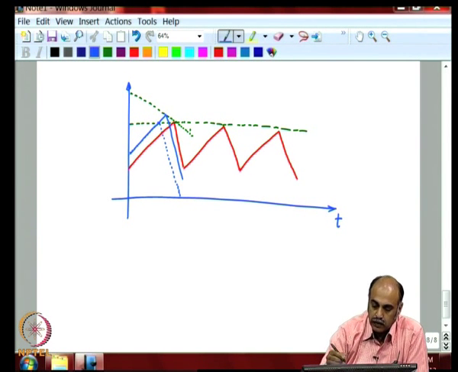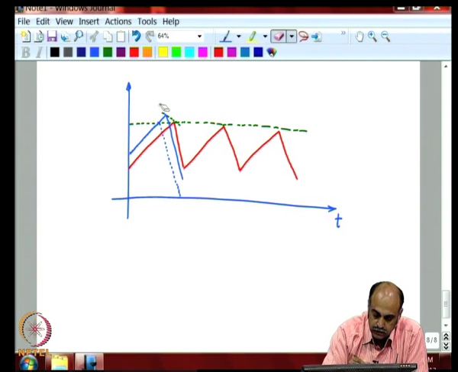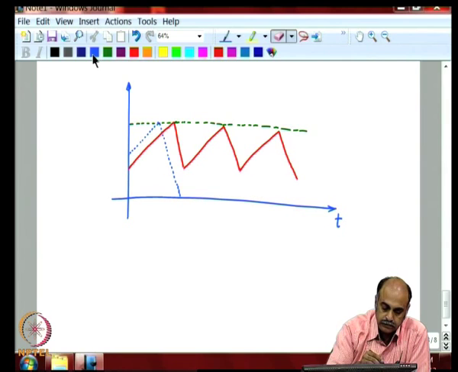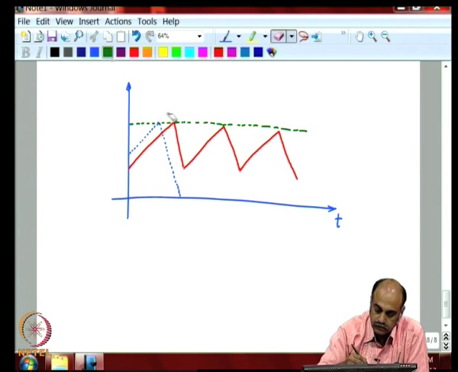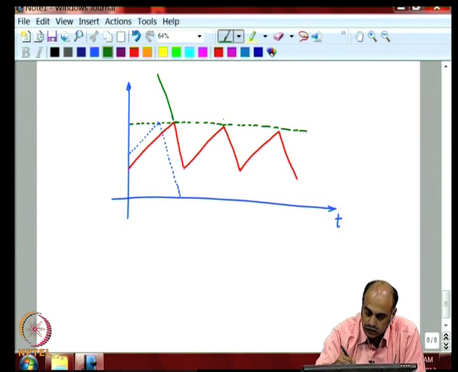So, going along in that fashion, if I modify the reference such that it is having a slope in line with the falling slope of the inductor current, the reference is such that it is having falling slope like that.